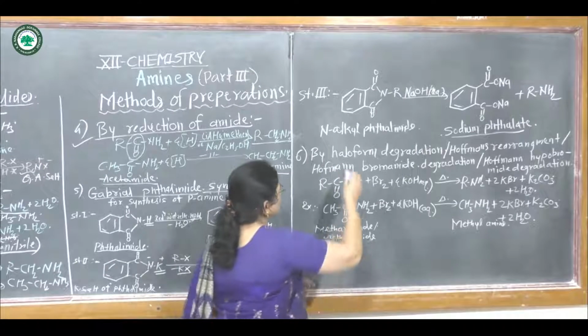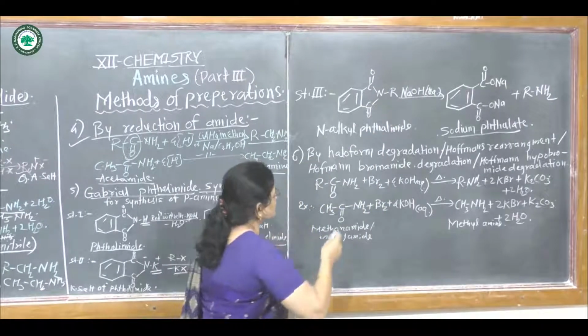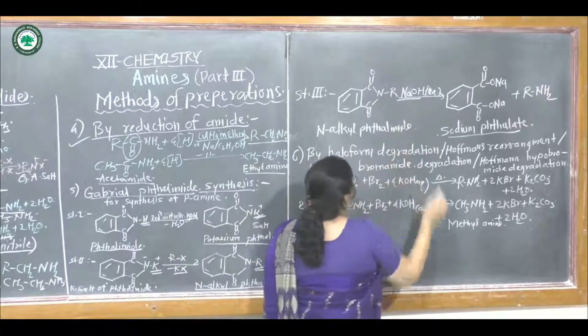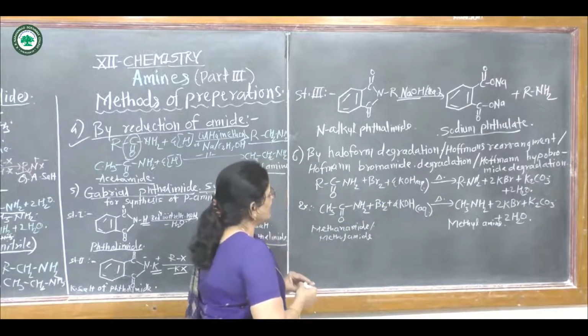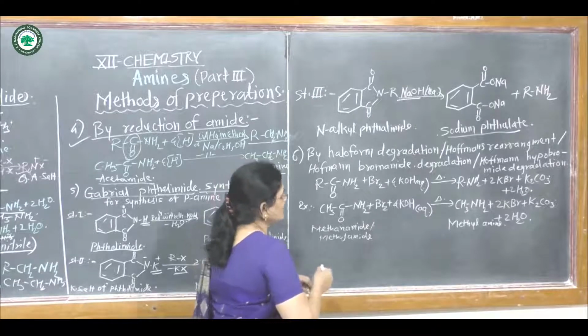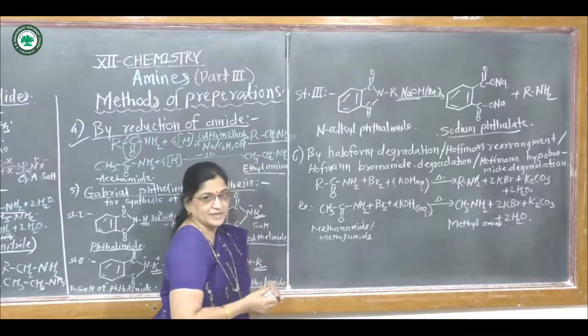In this reaction, each carbonyl carbon atom gets attached to an ONa group, and it forms sodium phthalate plus RNH2. RNH2 means again a primary amine.